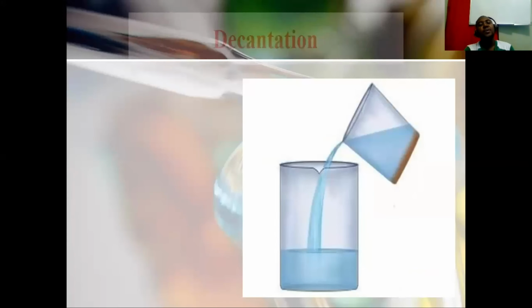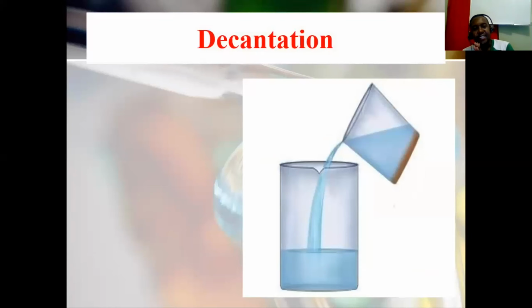All right, so this one now is decantation. Decantation is not a very good way of separating mixtures, but it's something that we do regularly, especially in our everyday life or even sometimes in the lab.